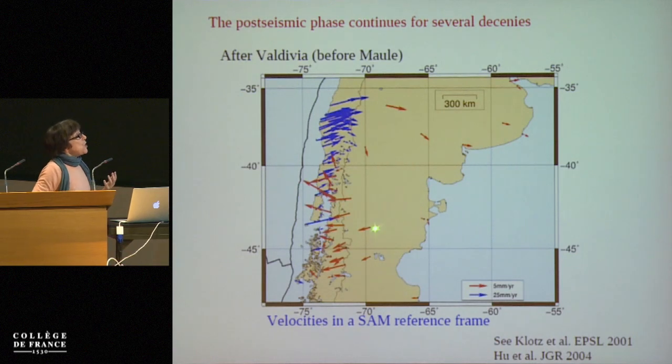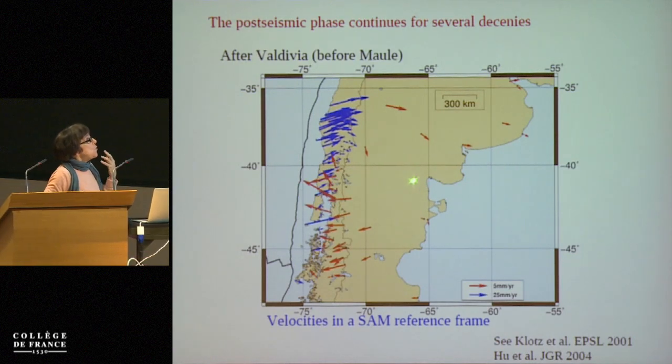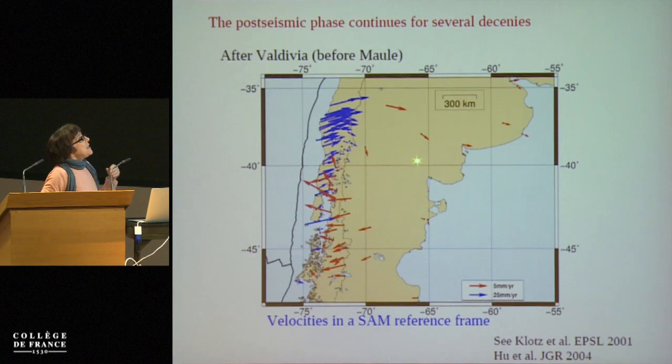And another thing which is important to know is that this type of motion lasts for a long time. What you see here is the motion in the South American plate before the Tohoku earthquake, but it was something like 40 years after the Valdivia earthquake, the big 1960 earthquake, which broke all this part here of the subduction interface.